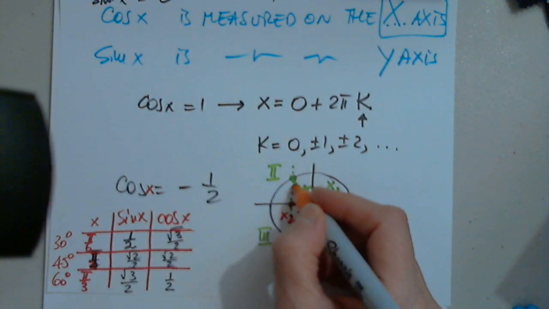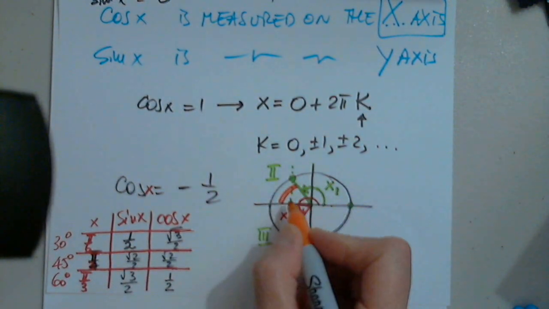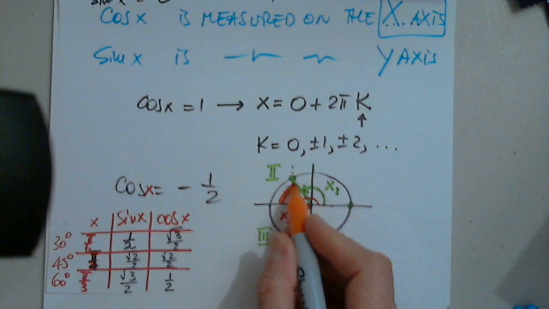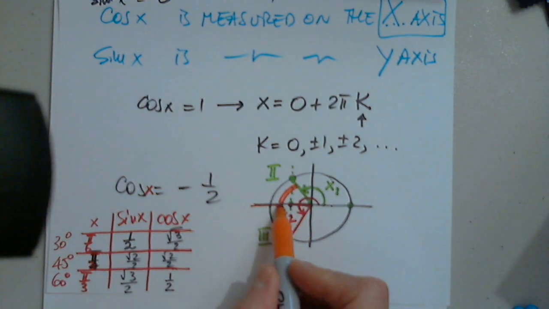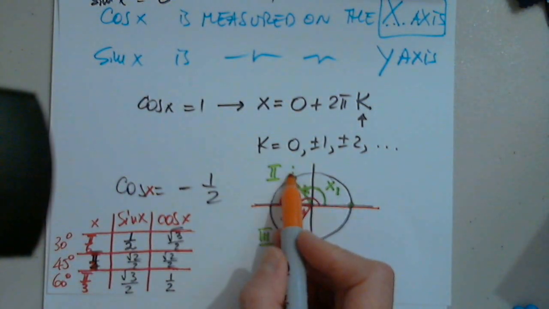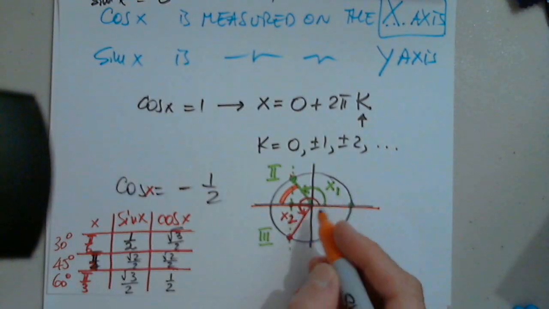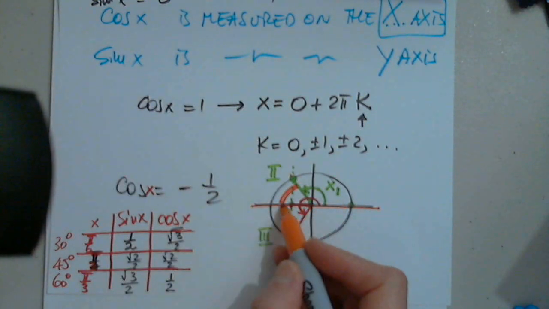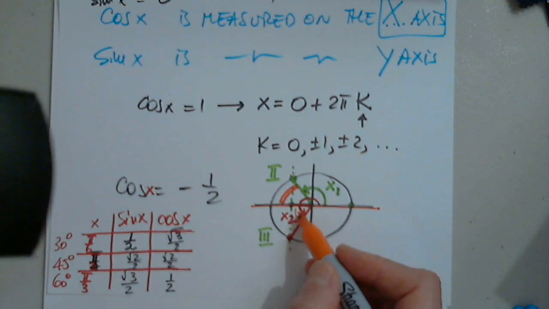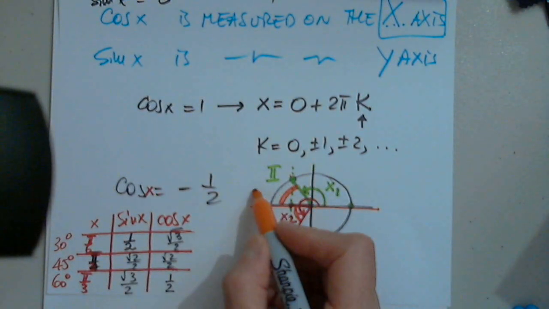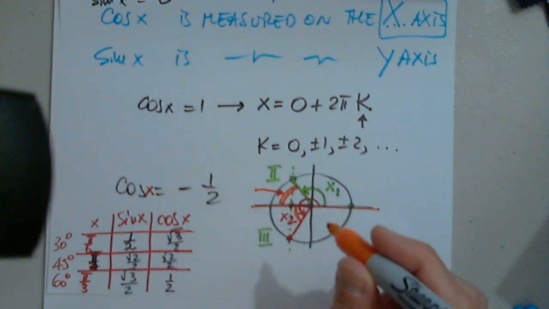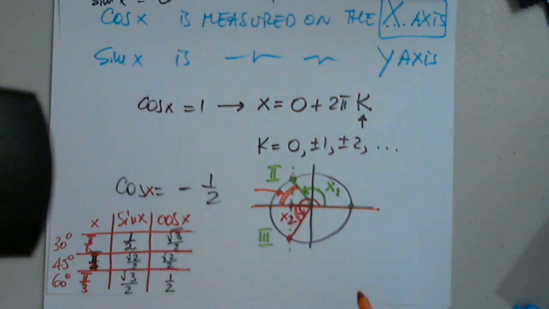I need to identify the reference angle. This is the acute angle formed between the x-axis and the terminal side, which is the same thing with this angle. The x-axis and the terminal side, right here. Same thing. Can anyone tell us what is the reference angle equal to?